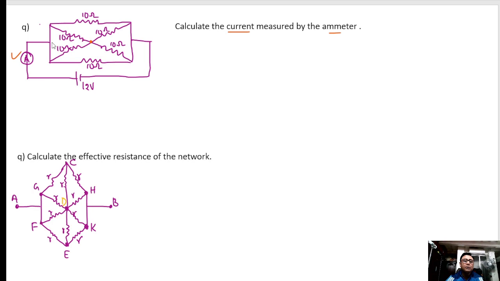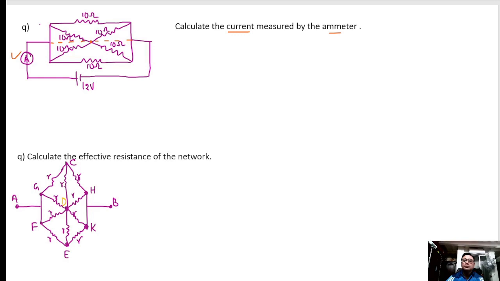Similarity means I can easily draw a line which cuts the circuit into two equal halves, mirror images. So the points lying on the mirror line should have equal potential.